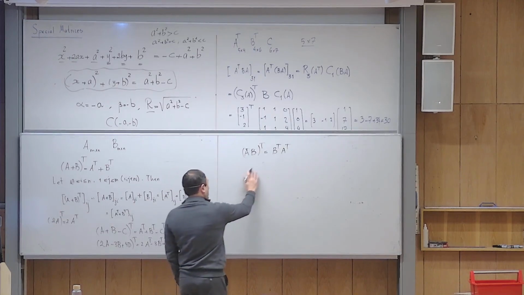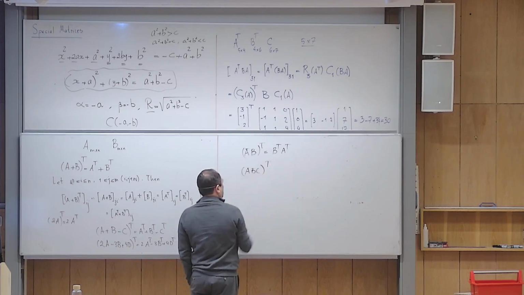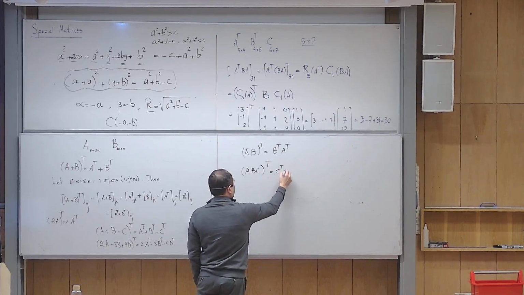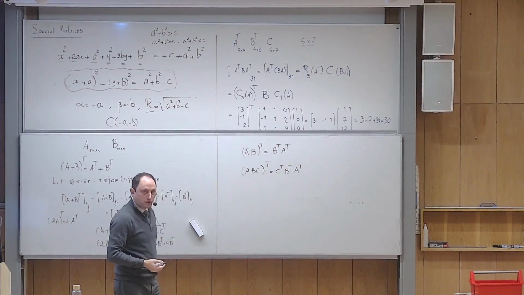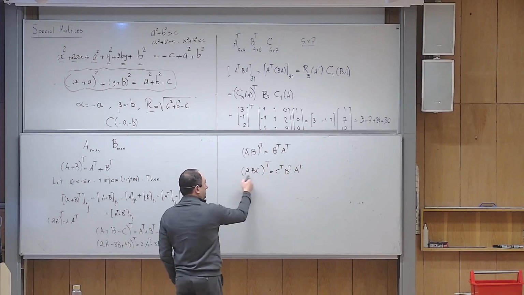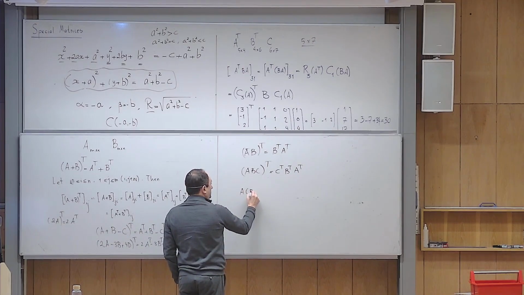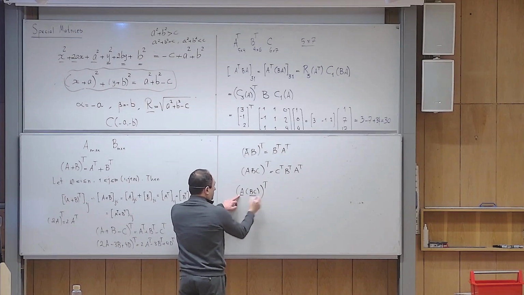So if I want to write the same thing for 3 matrices, it becomes C transpose, B transpose, A transpose. Yes, and the proof is not hard. You can prove it using mathematical induction, but if I want to prove this only, I would interpret this in this way, involving 2 matrices.